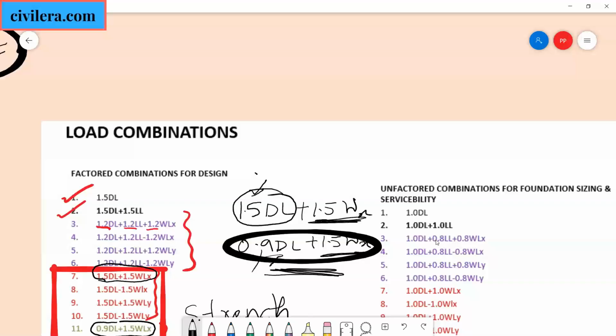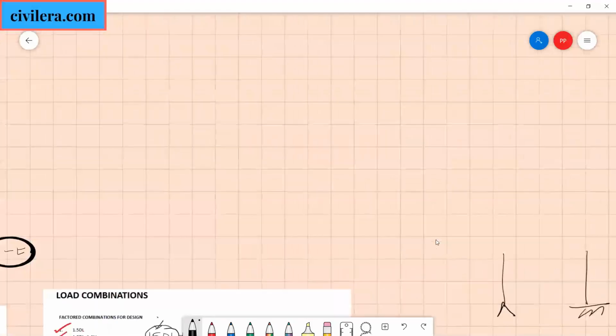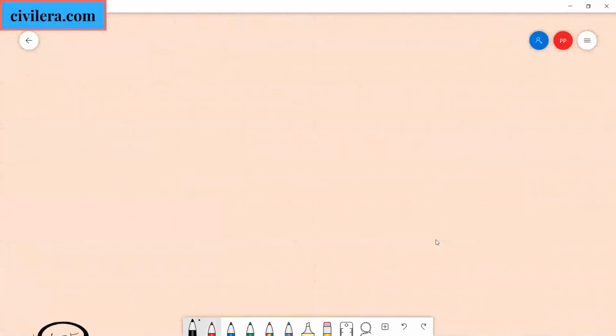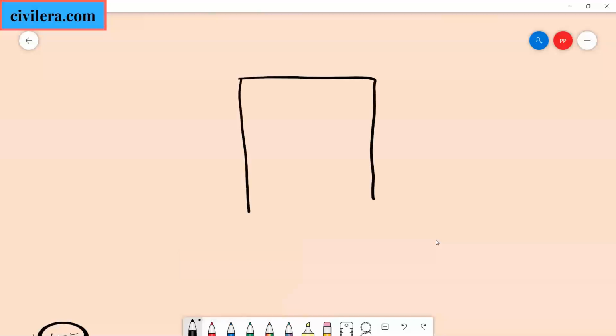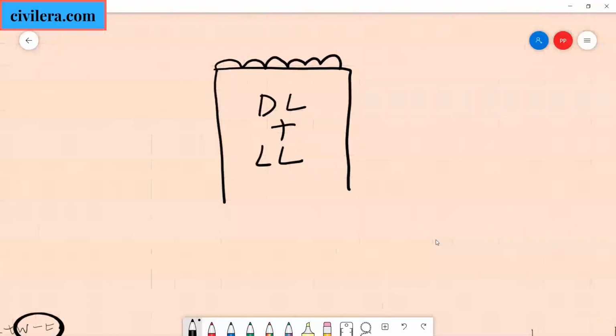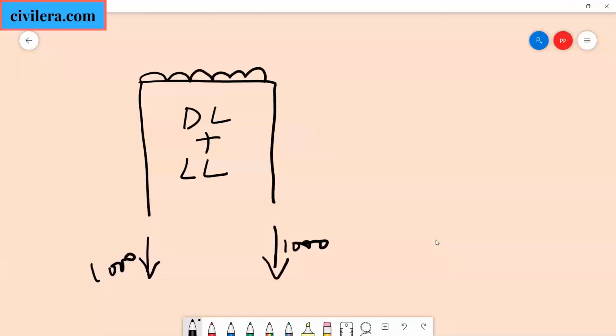So for everyone's benefit, let me just explain it more clearly. Sure, sir. Yep. So let me just sketch one particular frame. And assume that you have some dead load and live load in that. And say this dead load gave me a downward load of 1,000. Now you will have, say, wind or earthquake or whatever lateral load.